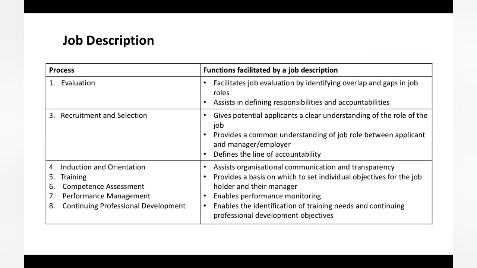Now see, if you are defining a job description before appointment of a person, how will this help in the competence of the person? First, you're evaluating what duty one person has to perform. There may be some overlapping.